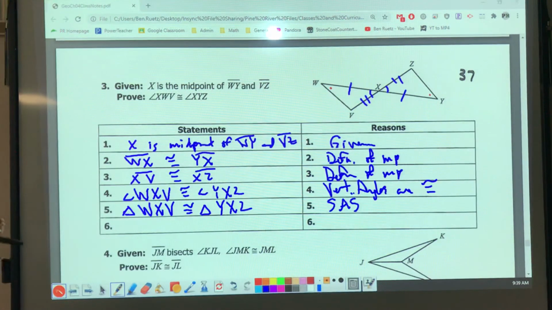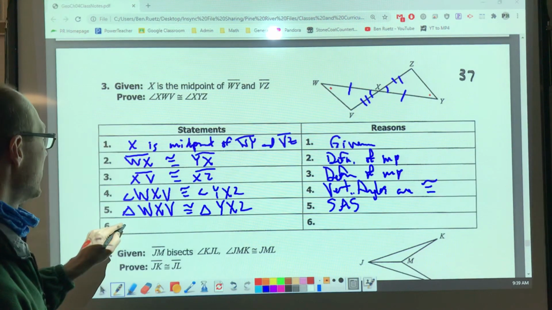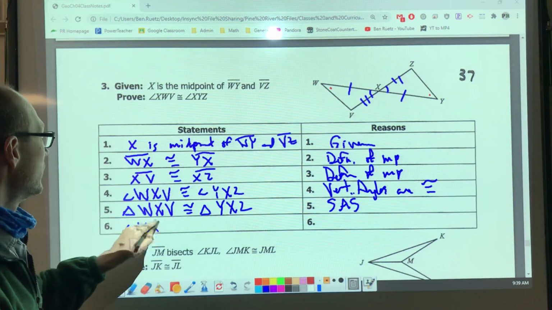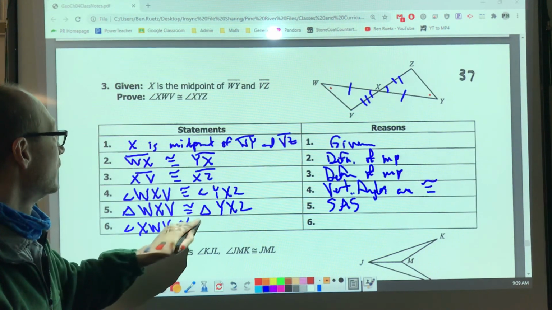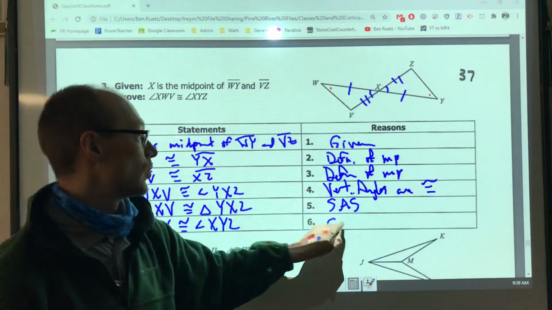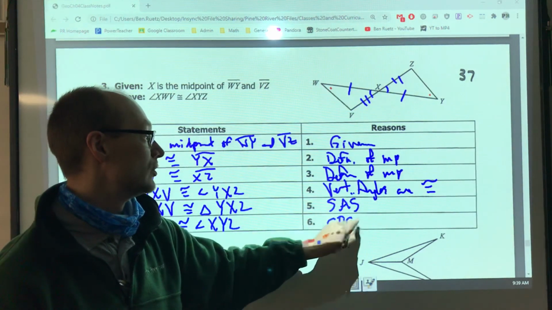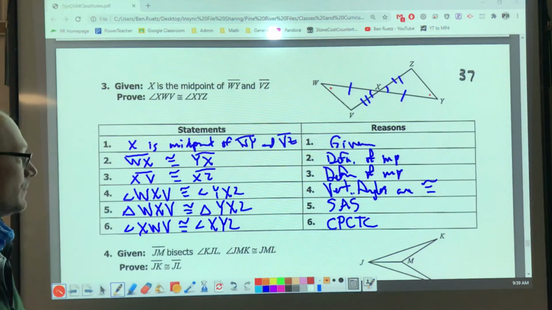And now that the triangles are congruent, can't I then say, well, then this particular angle that I have dotted in red has to match this other angle dotted in red because corresponding parts of congruent triangles are congruent. And that is it.